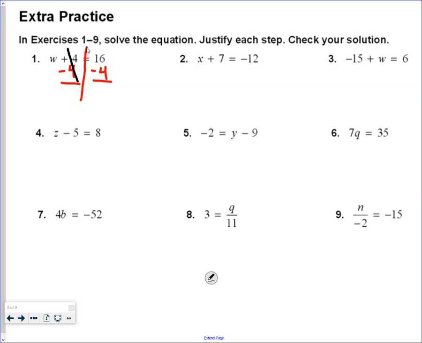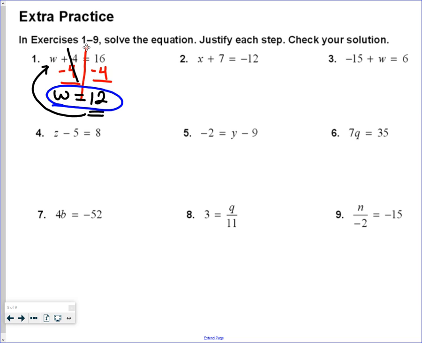This is how I expect to see the work. W equals 12. And then you're going to think, does 12 work if I put it back in for W? Always mental math, go back. Well, 12 plus 4 is in fact 16, but my final answer, in fact, is W equals 12.